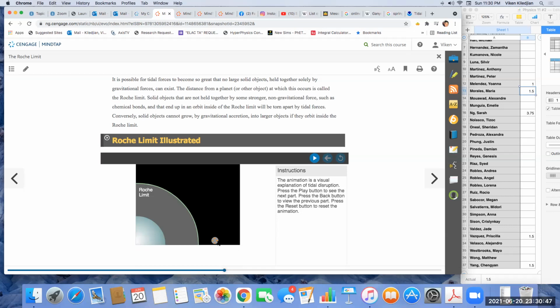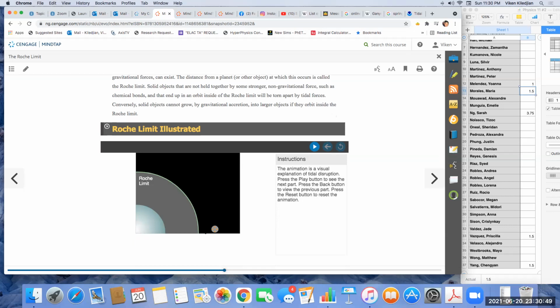So here's a moon, and it's going to come within the Roche limit. Let's see what's going to happen. Notice the way this tidal distortion, but no disruption.